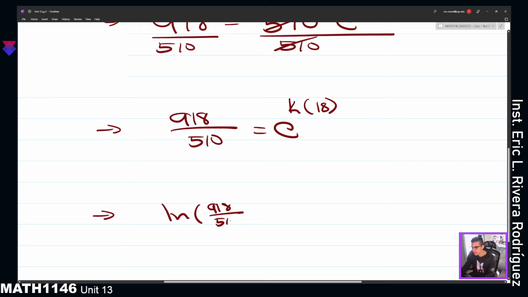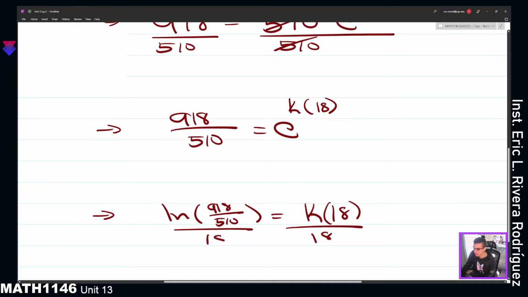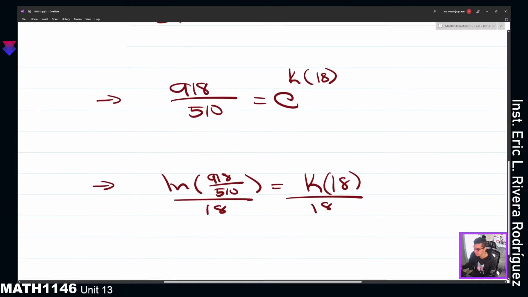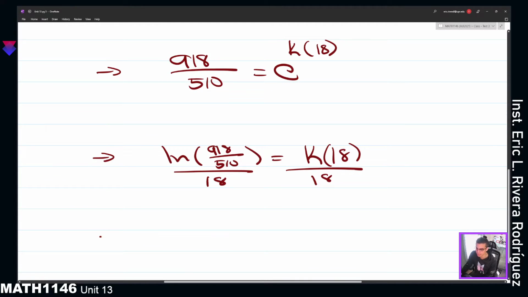This is not a nice way to write numbers, but that's what we got. 918 divided by 510, we are going to get the natural log of that. And on the right side, we got k times 12, dividing both sides by 12. See that I skipped some steps. Let me know if you have questions about those steps.